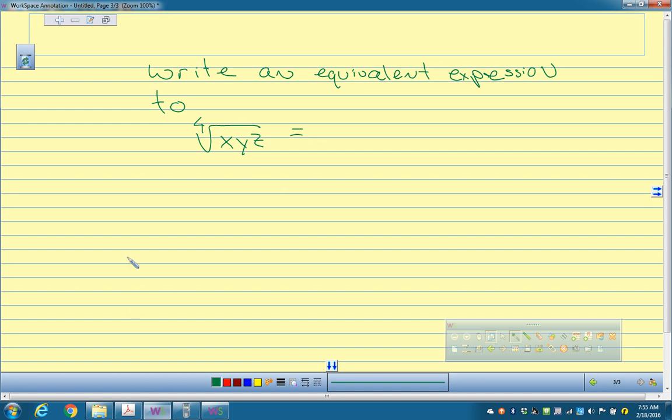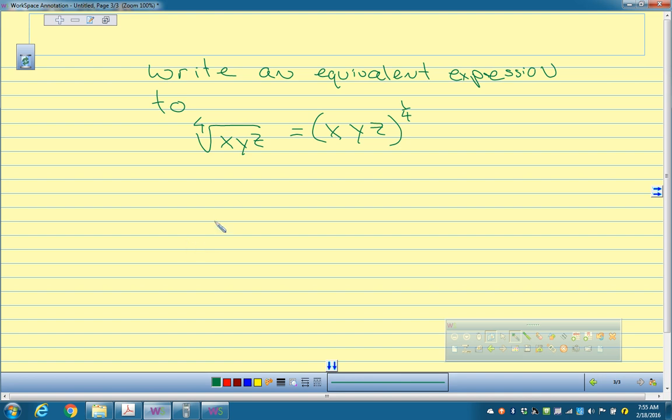That's correct, except the xyz has to be in parentheses. So it would be xyz, all of that raised to the 1/4 power. You do have to put that in parentheses because you're taking the fourth root of everything.